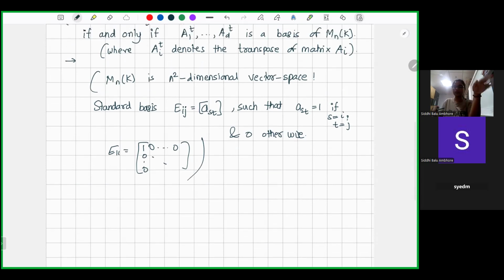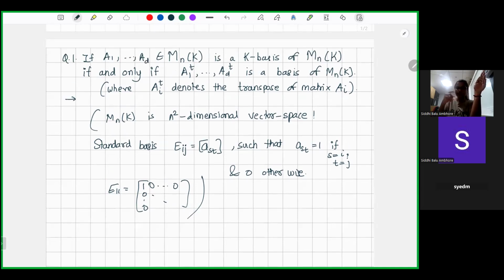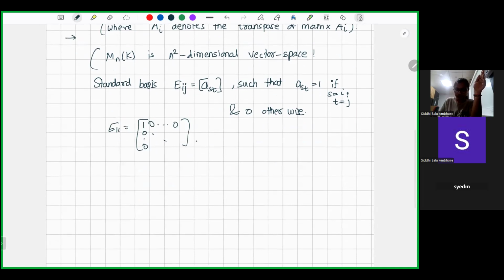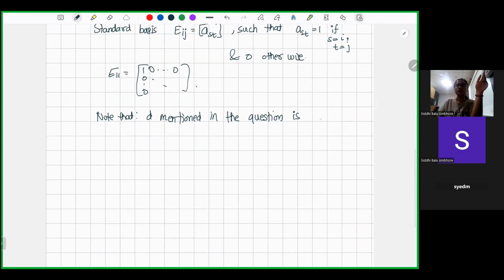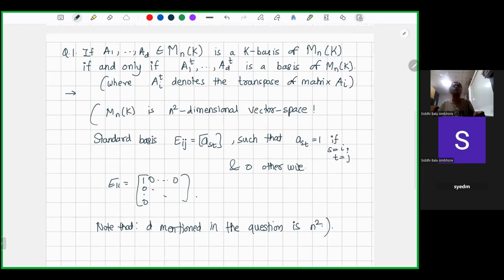So this is an n square dimensional vector space. So here D, which they have mentioned in the question, is actually n square. But we do not actually need D being n squared to prove this statement.